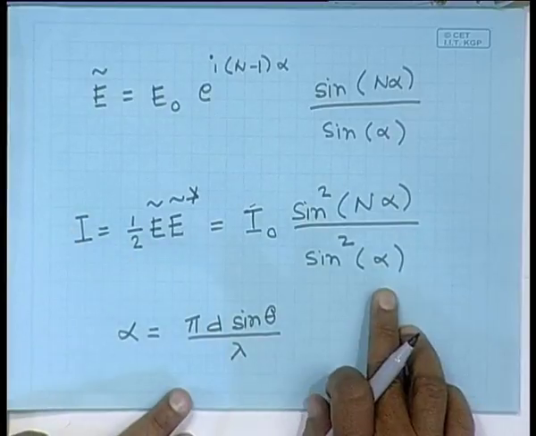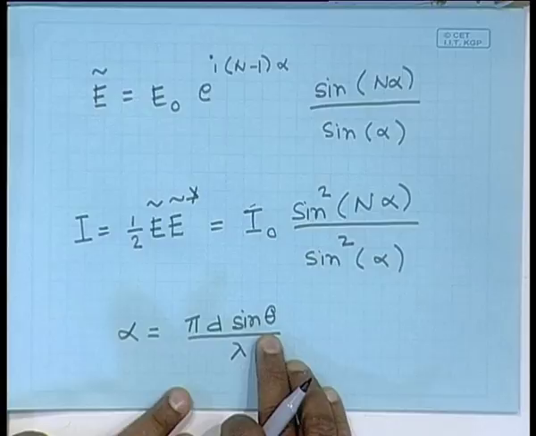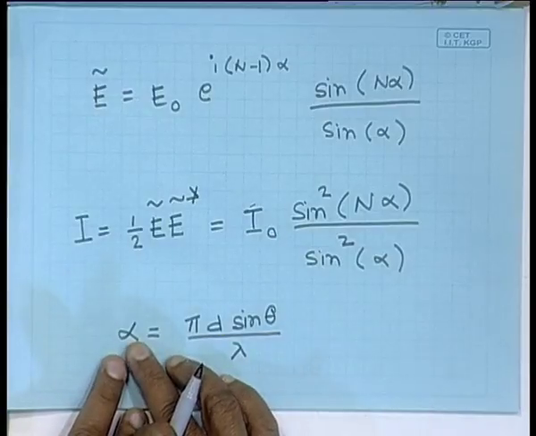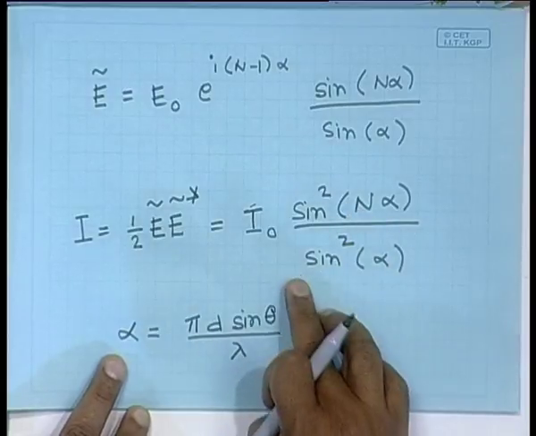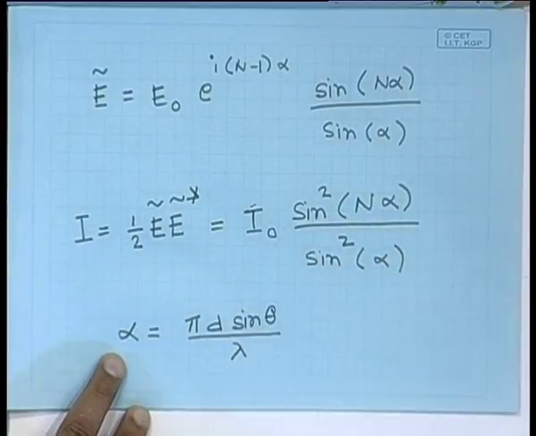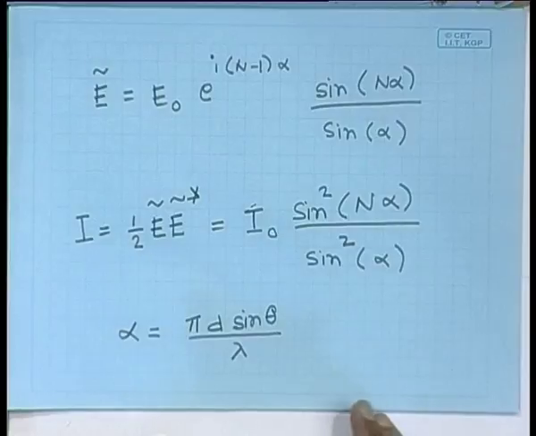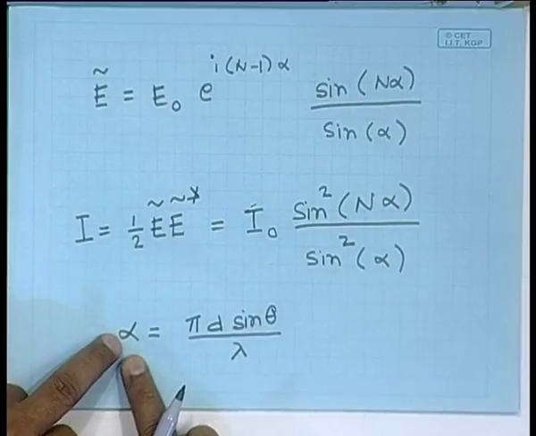Now, if you increase alpha from 0, if you increase theta from 0, so the value of alpha is also going to increase, sin theta is going to increase, but this ratio is going to fall. But there will be a maxima again whenever the value of alpha disappears.